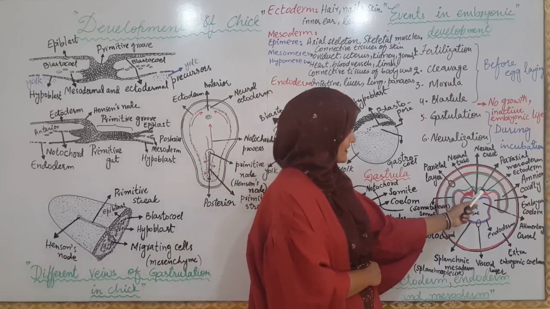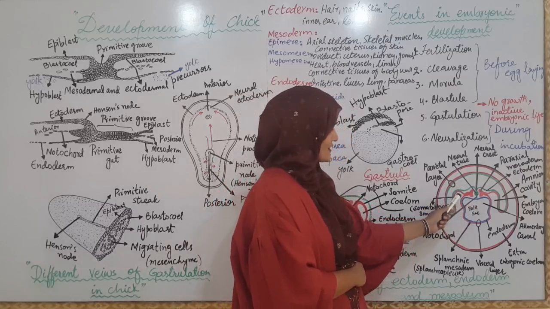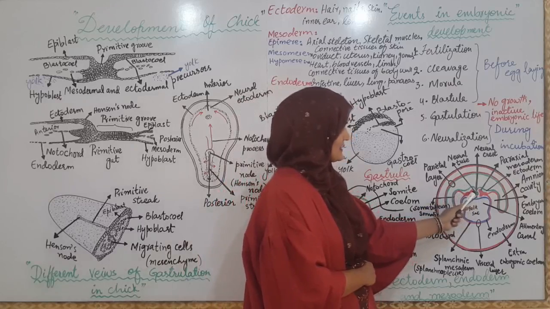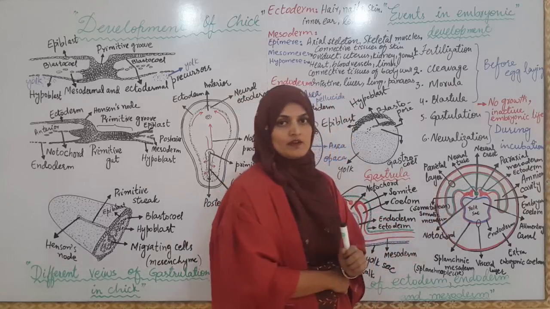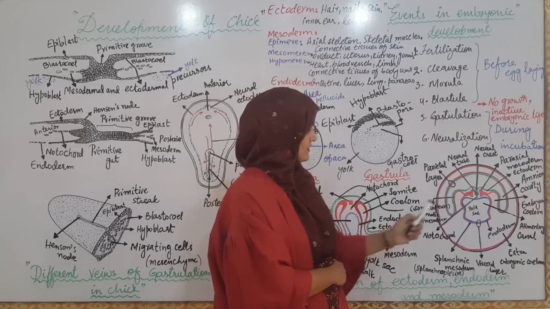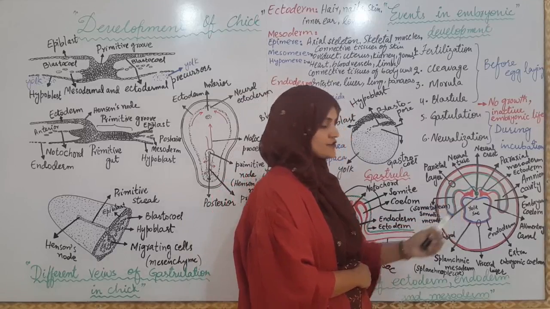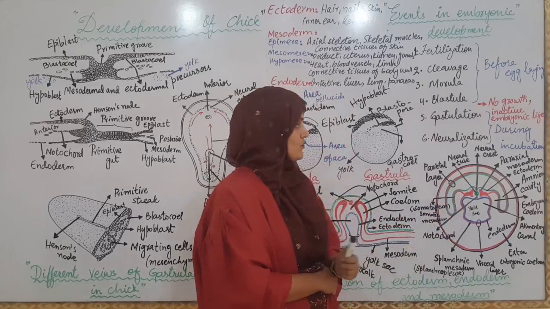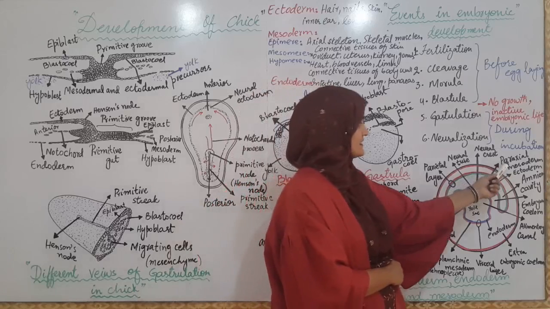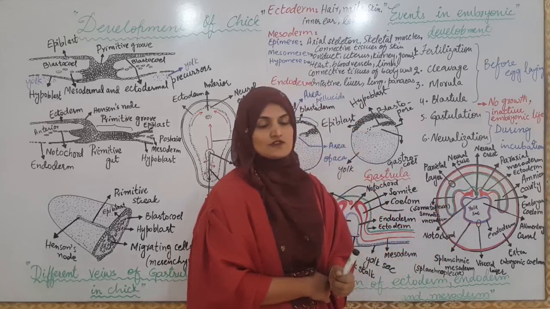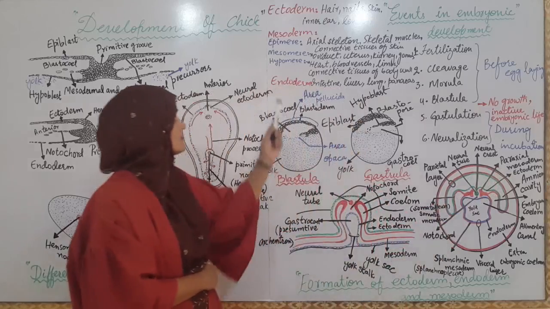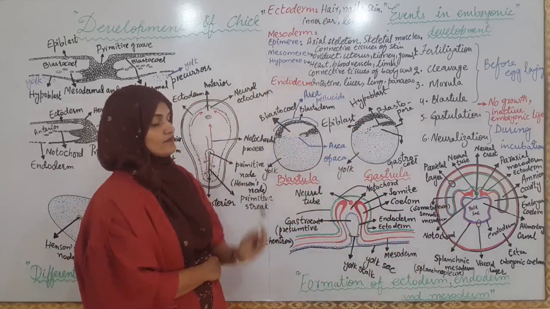The cells that migrated to the lateral side of the blastocoel form mesoderm. Mesoderm later on is divided into three regions. One is the paraxial region, which is also termed as epimere.